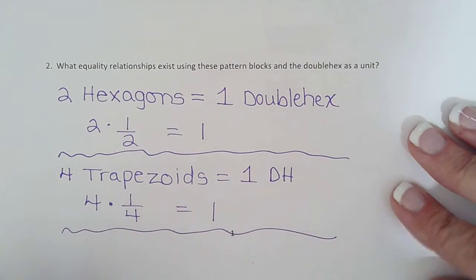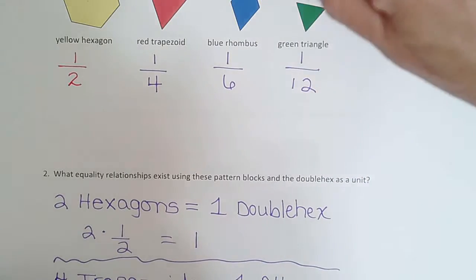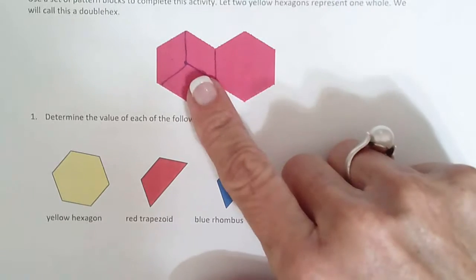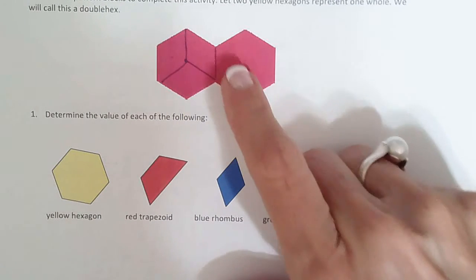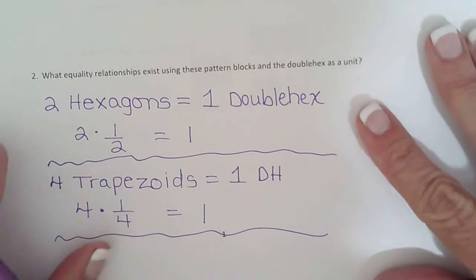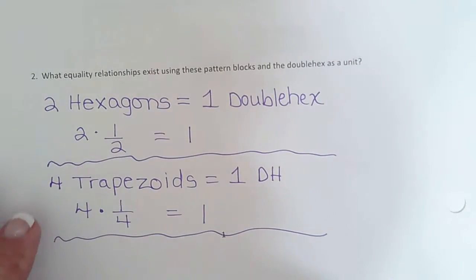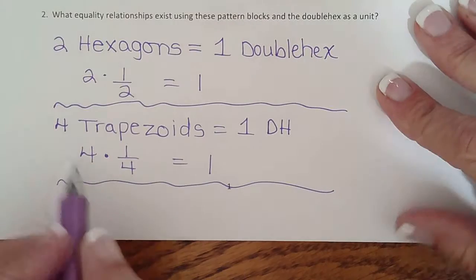And next we have the rhombus. The rhombus is 1/6. So that means you can tell by looking at this other picture, 6 rhombi, I wonder if I'm saying that right, make a whole, right? So if we have 6, move the paper up a little bit.